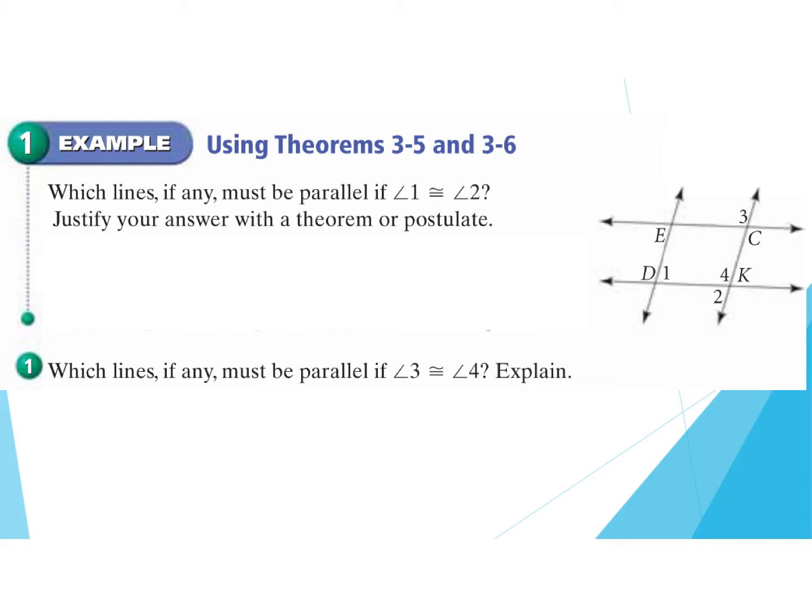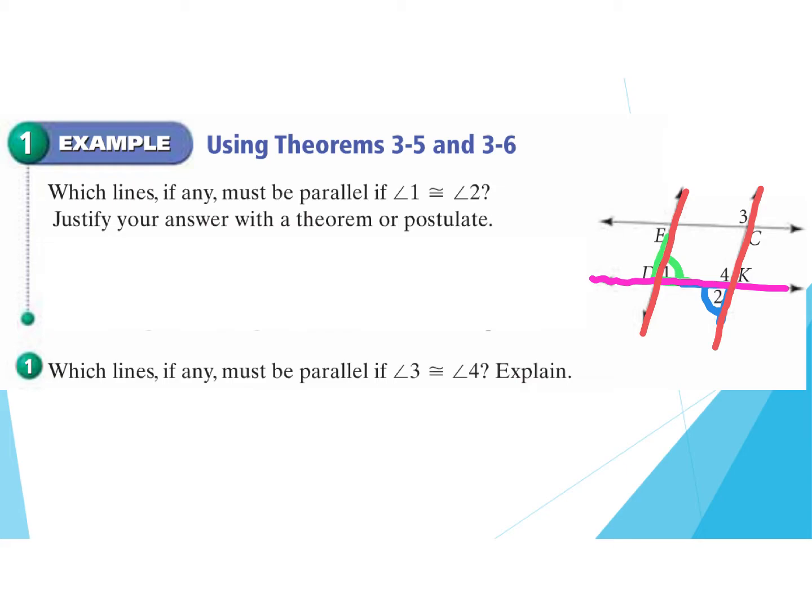So if I have angle 1 is one of my angles right here, and angle 2 is the other angle right here, we can see that the one that's going to be our transversal is this side right here. So my parallel lines are these two lines.